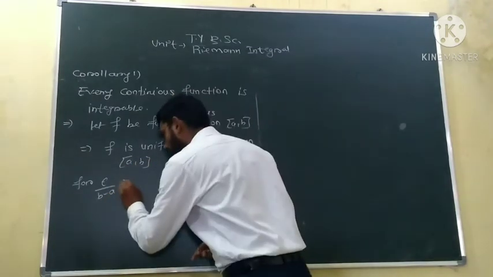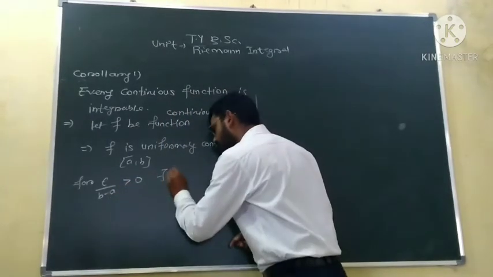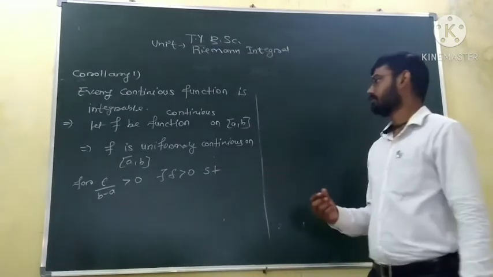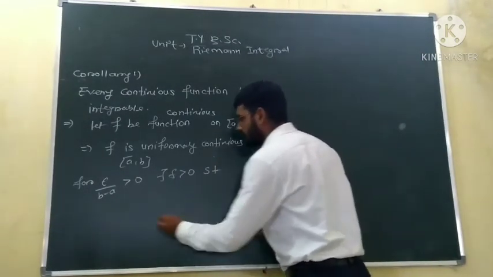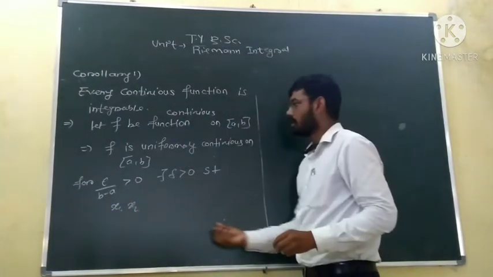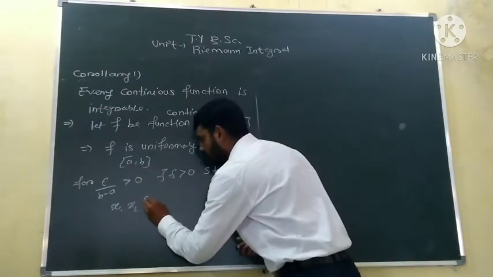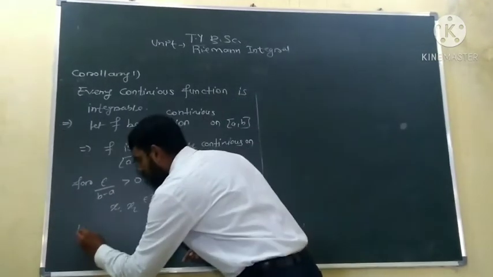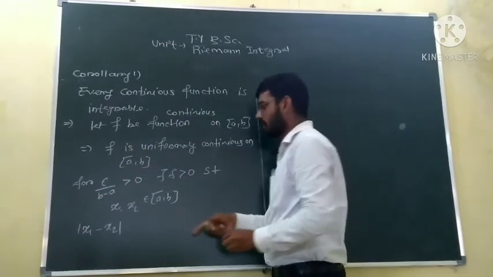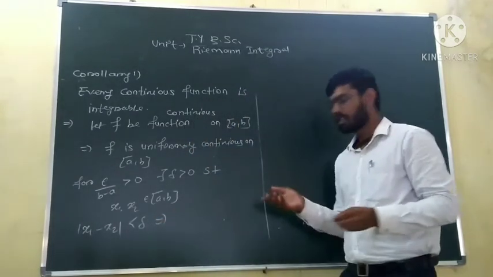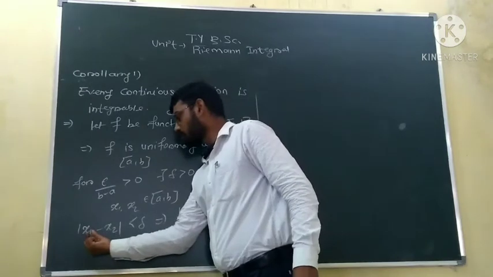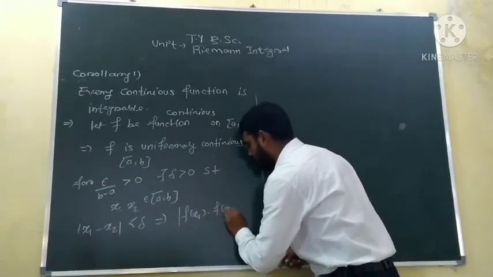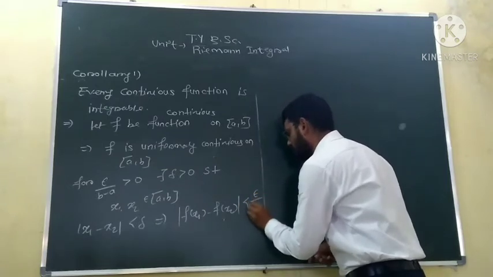So for epsilon upon b minus a greater than 0, there exists a delta greater than 0 such that whenever two elements x1 and x2 belong to the closed bounded interval [a, b] and satisfy the difference between x1 and x2 less than delta, we must have the difference between f of x1 and f of x2 less than epsilon upon b minus a.